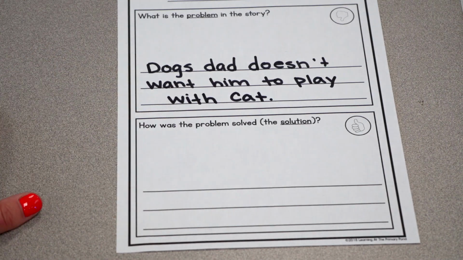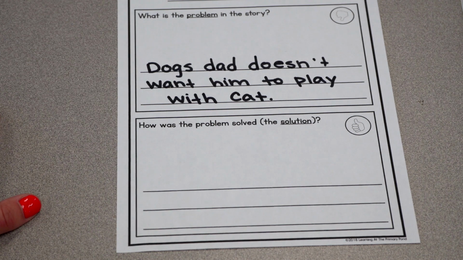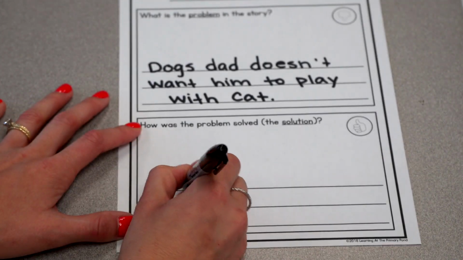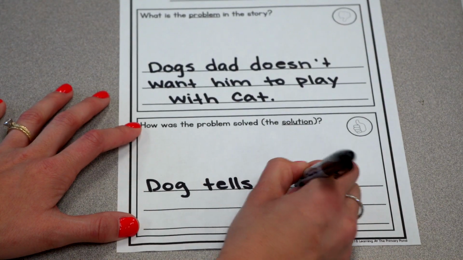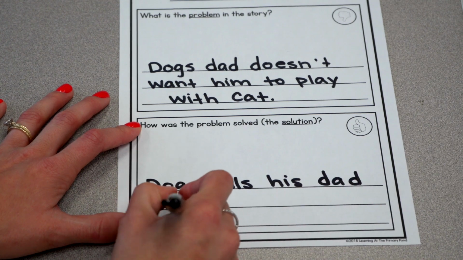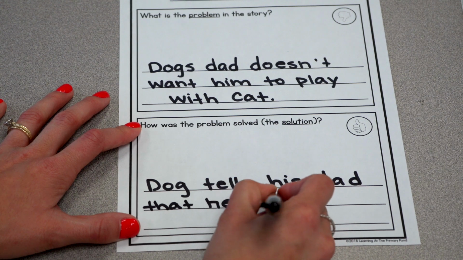So how is the problem solved? So what is the solution? What does Dog do? Dog tells his dad that he likes cat and that they are friends.